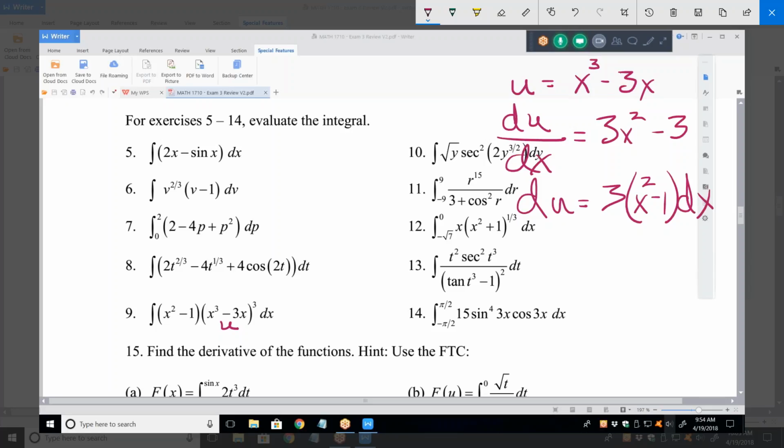See how I got from there to there? You can treat differentials like fractions, basically. I can multiply both sides by dx. Now, that makes dx equal to du all divided by 3 times x squared minus 1.